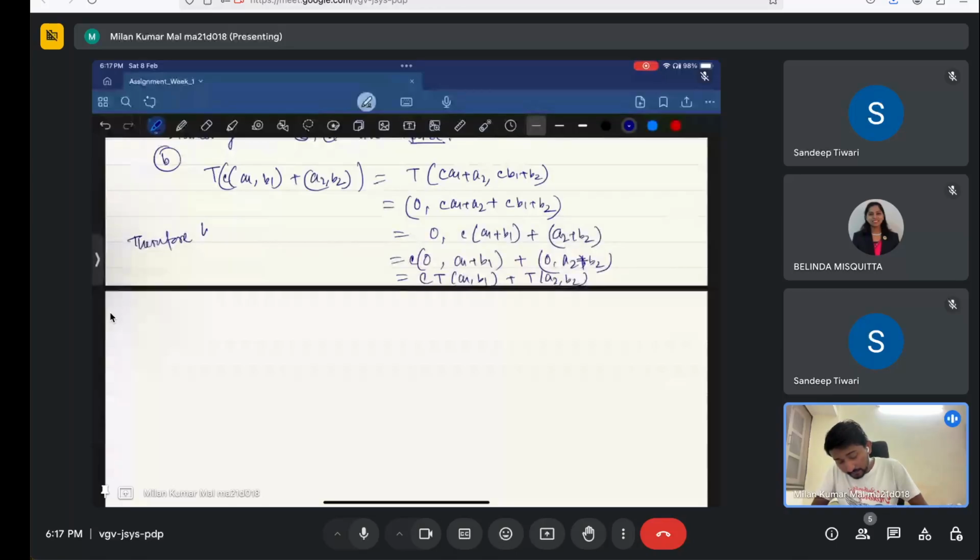Therefore, T is a linear transformation.